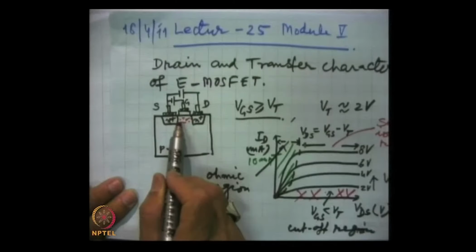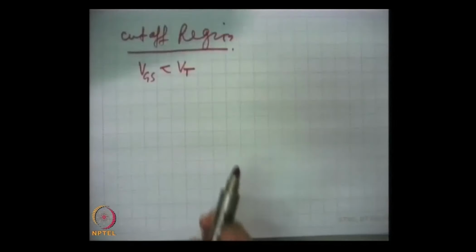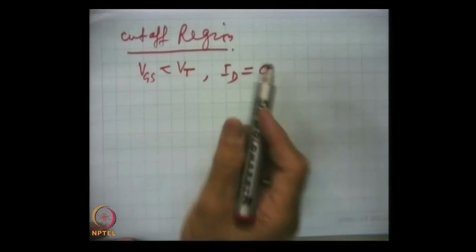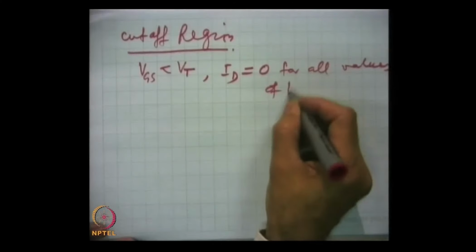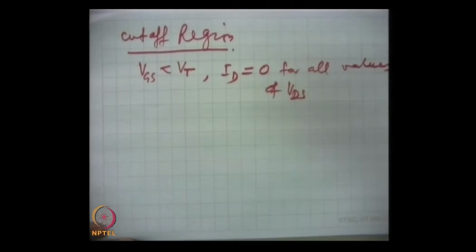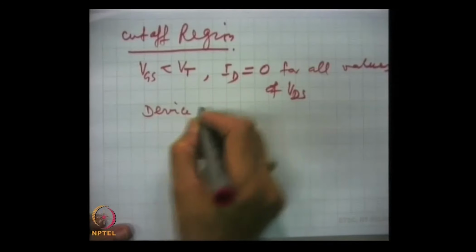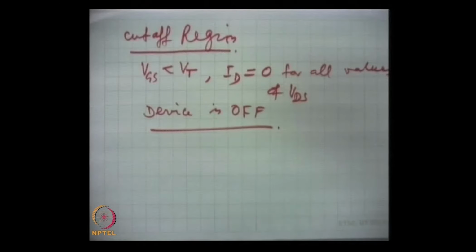In the absence of the channel, there is no contact between drain and source, and hence the drain current ID will be 0 for all values of VDS, and the device is said to be off.